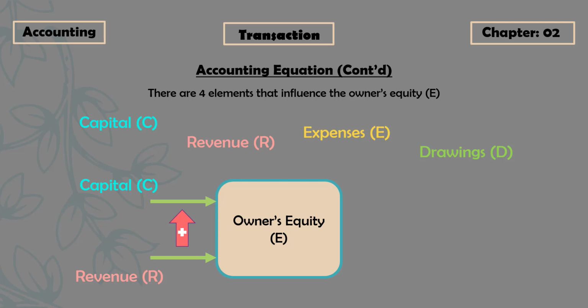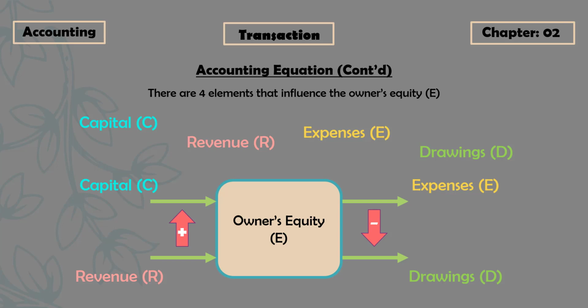The other two elements that decrease the owner's equity are expenses and drawings. The downward arrow means a decrease in owner's equity, and the left-to-right arrows mean cash outflow.